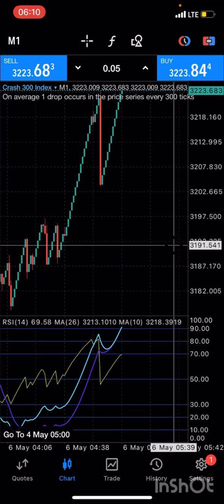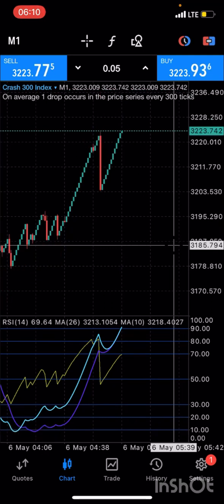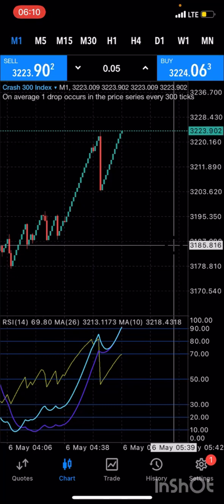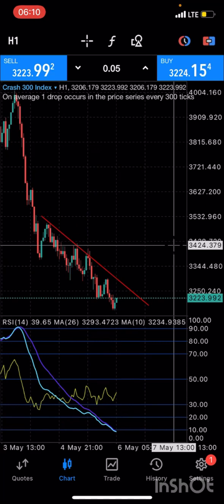Now you'll be asking, how do you know how to get into this trade using these indicators? You also have to note that the previous 1 hour candlestick closed bullish, and the present one, which is 10 minutes in, is also running bullish.